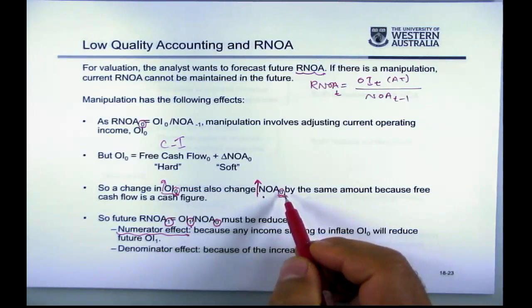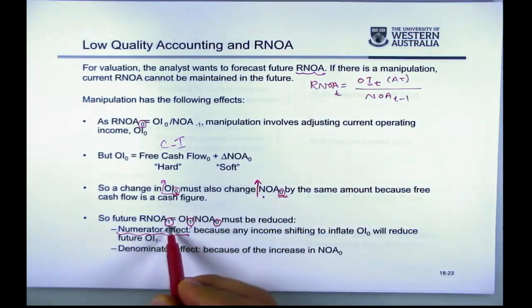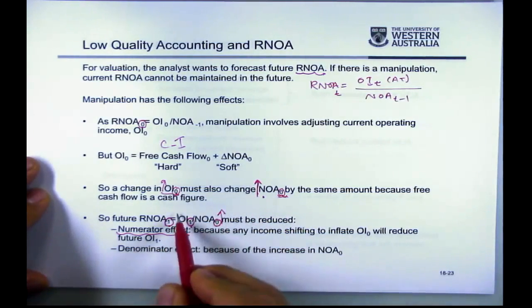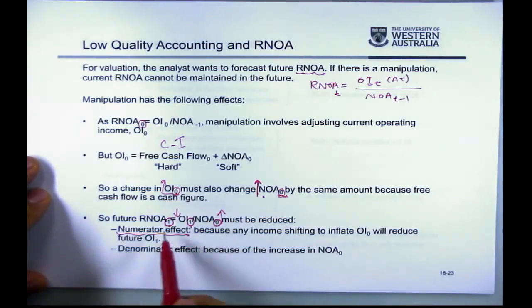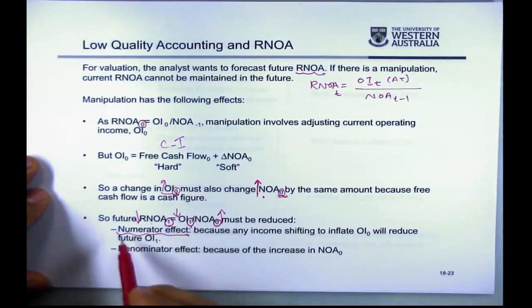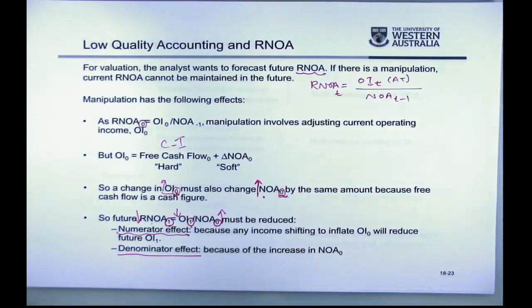Because this one is used in the calculation of next year's return on net operating assets, when this one goes up, the ratio goes down. So we have a numerator effect and a denominator effect. Make sense?